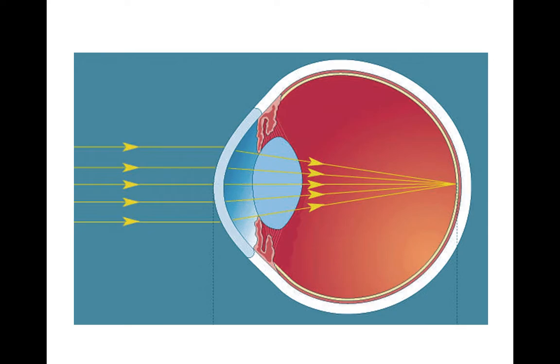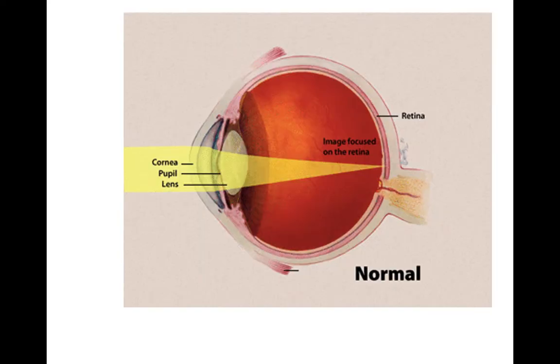So the light is going to reflect off an object, it's going to pass through the cornea and get refracted. It's then going to pass through what's called the aqueous humor. The aqueous humor is, and if you look at the word aqueous, watery, a watery substance that can be found between the cornea and the iris. Okay, and its job, again, is to refract or bend light.